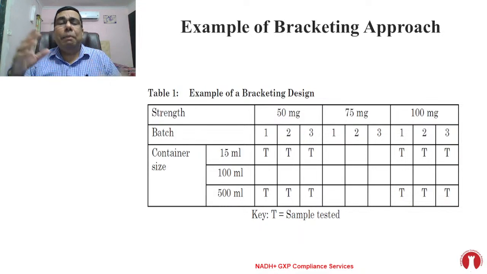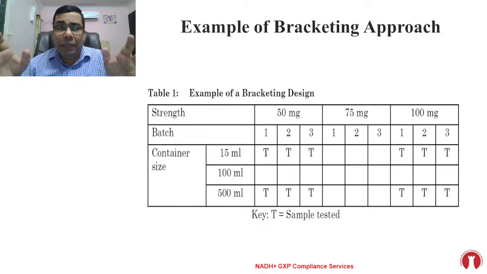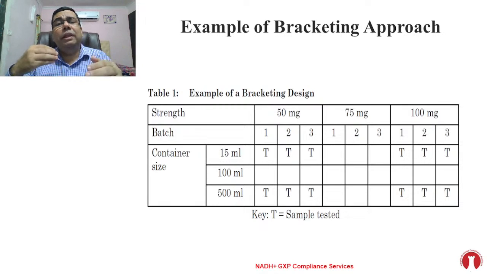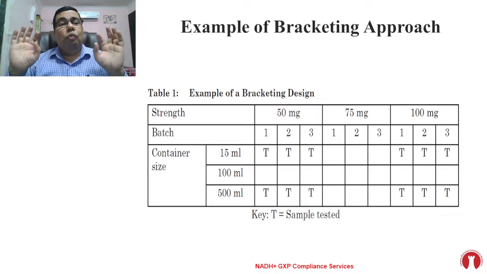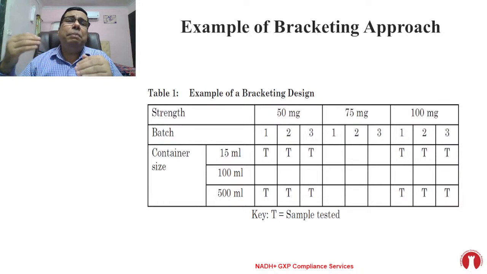Let me tell you that this approach is widely used by many companies when you are manufacturing the product. I am telling about the regulated market. Many companies are following this. If there are multiple strengths, many products will have multiple strengths, like alprazolam, or some are metformins, or so many other generic products also.